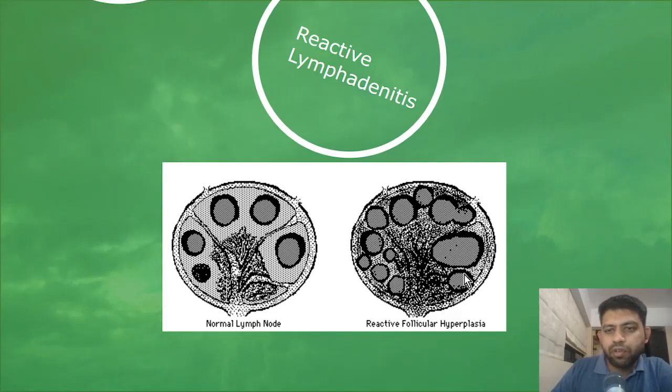Imagine this is a lymph node of the axilla, and there is a bacterial infection of the finger, an infected wound or something. The corresponding draining nodes will swell up because of reactive follicular hyperplasia. I'll not go into details of how it occurs; that will be discussed in an entirely different chapter, or I guess that has already been discussed.